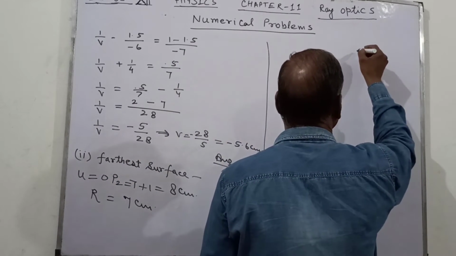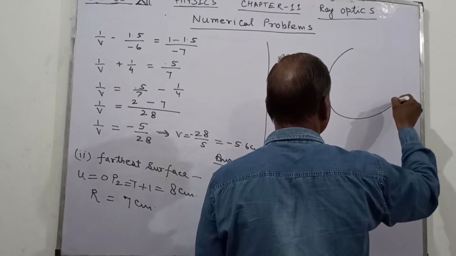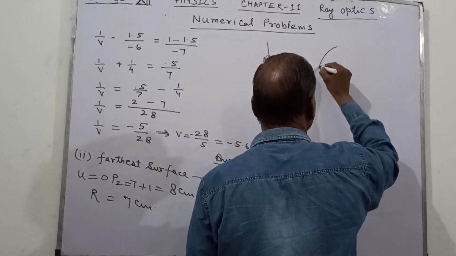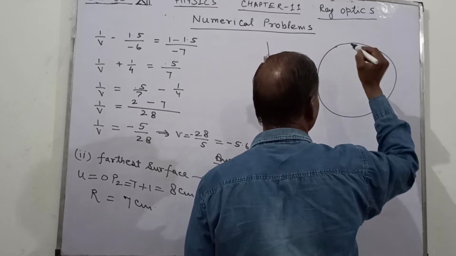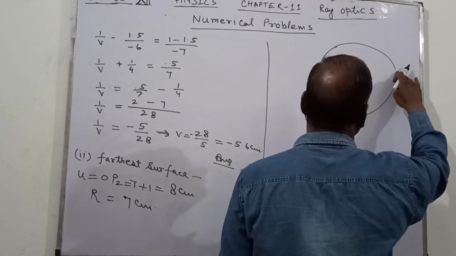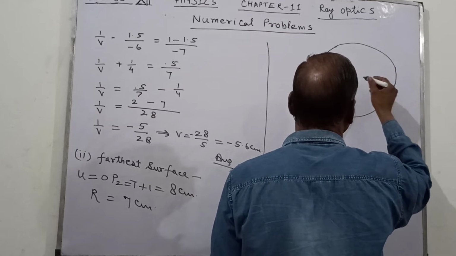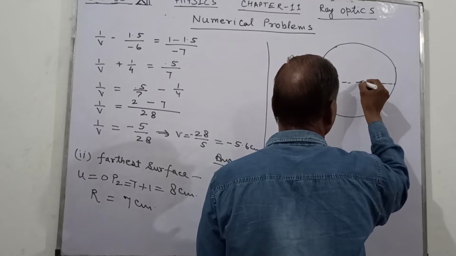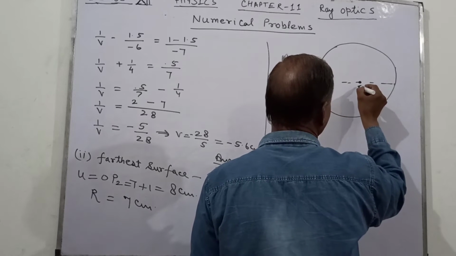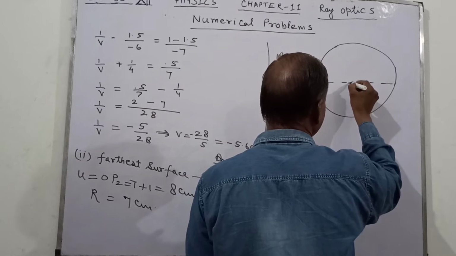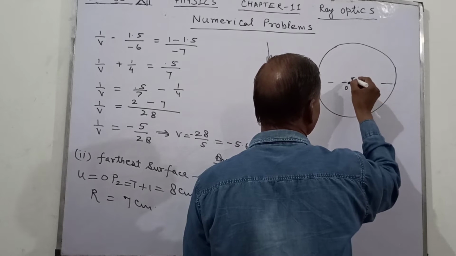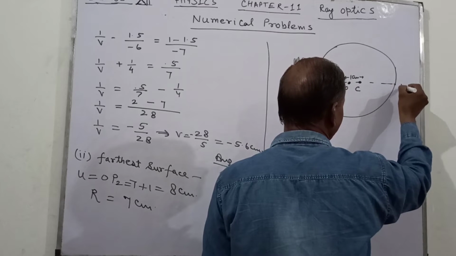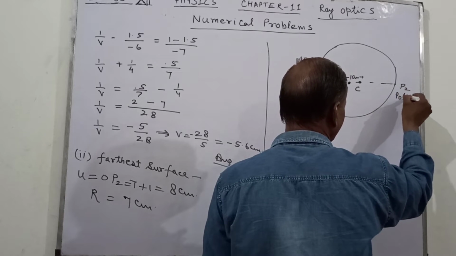So now I am taking it like this. This is now C, the center of curvature. This is now your object O. This is now your 1 centimeter, and this is now your P2. This is now your pole.